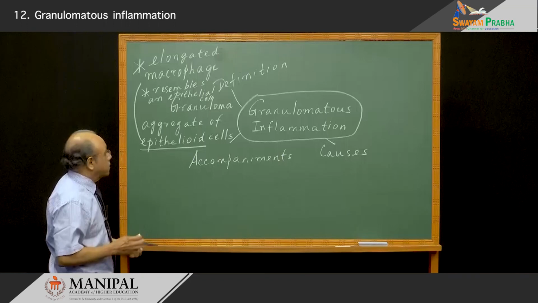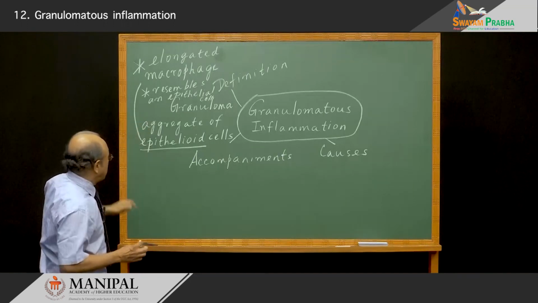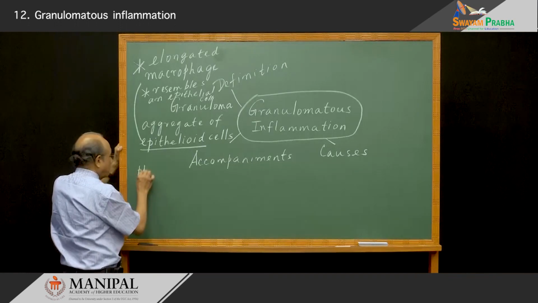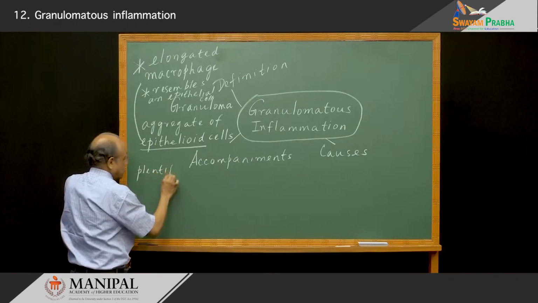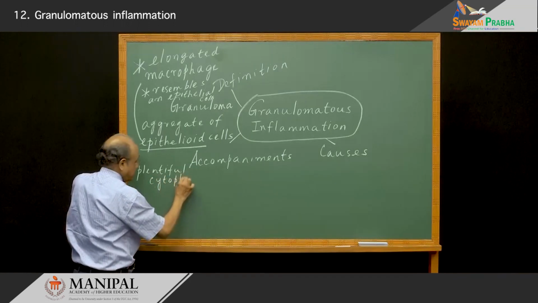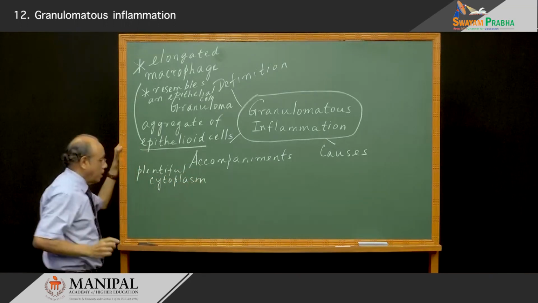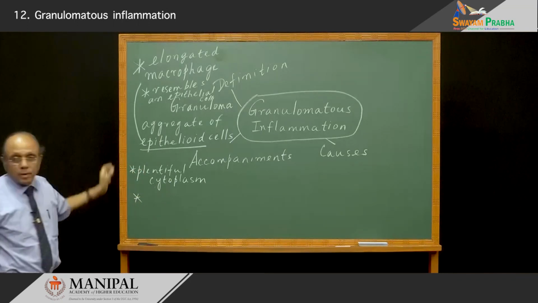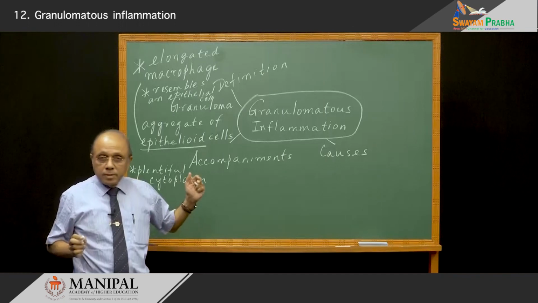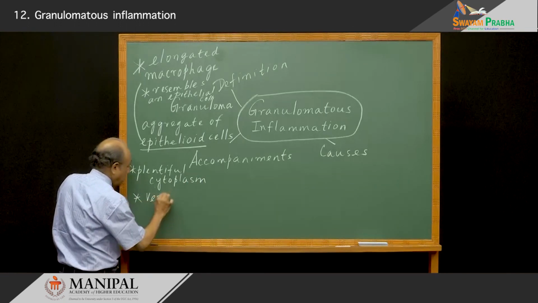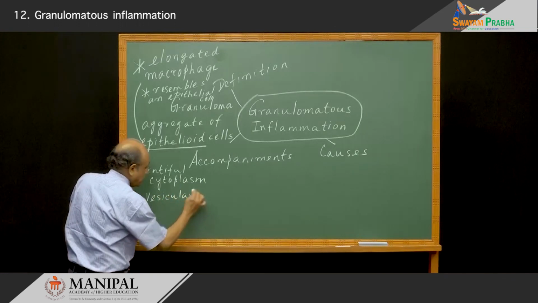The third feature is this epithelioid cell has got plentiful cytoplasm, and this epithelioid cell has got a vesicular nucleus.